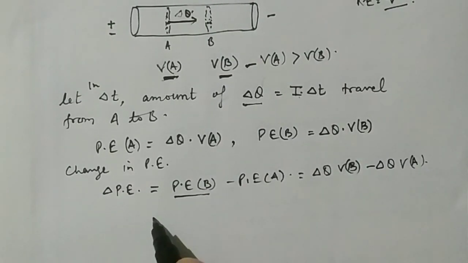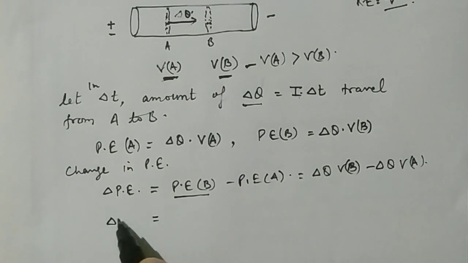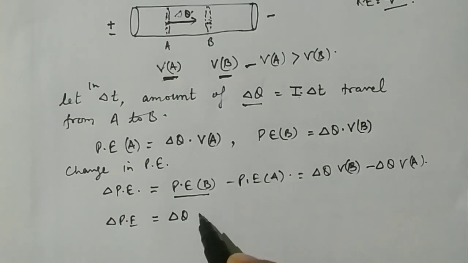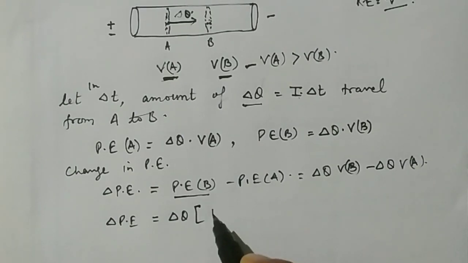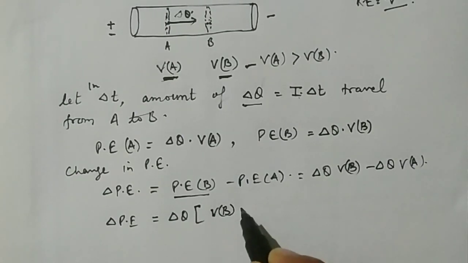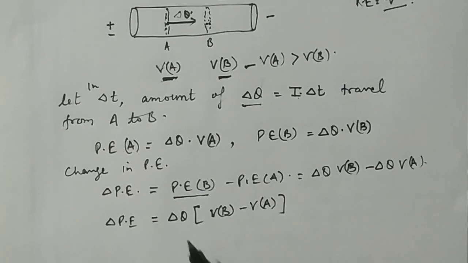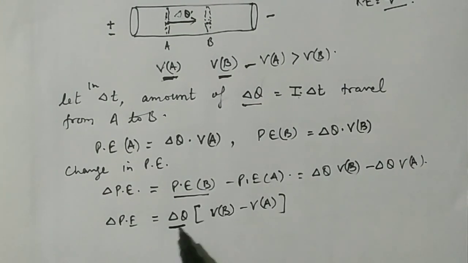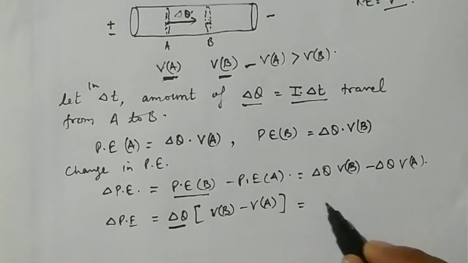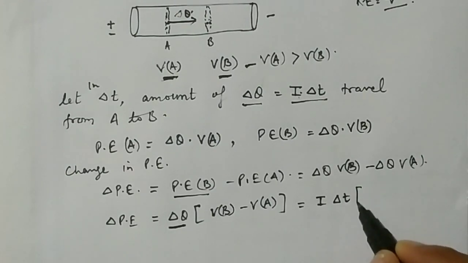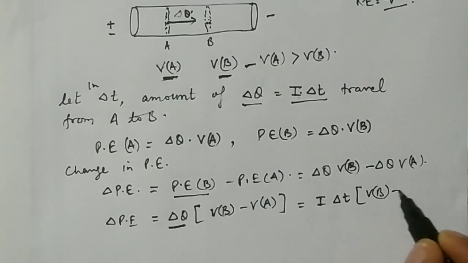Solving a little bit, delta q is common, so we are left with the change in potential energy equal to delta q into potential at B minus potential at A. We know the value of delta q is I into delta t, so it is I delta t into (VB minus VA).